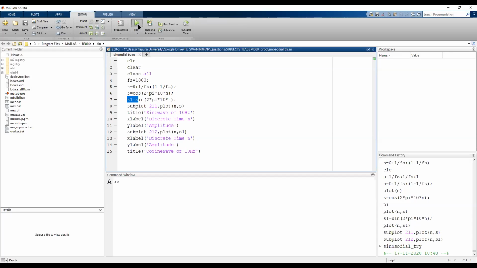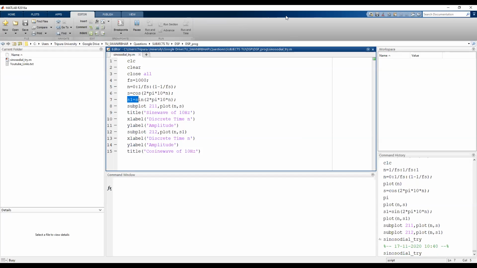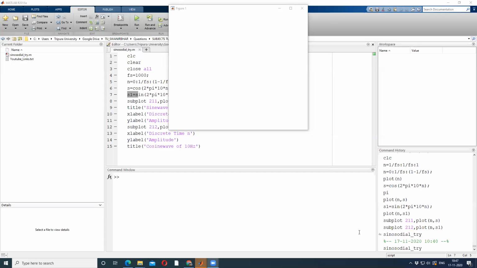So if you see the wave, once we get the wave, the output will be as this one.